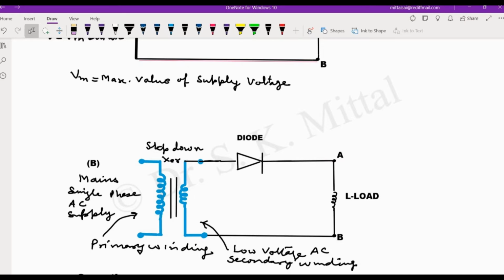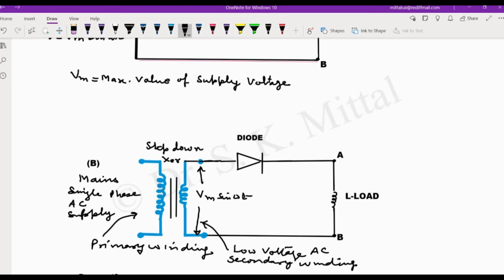Therefore, here we will represent this supply voltage Vm sin omega t at the secondary because here secondary winding is connected directly to the rectifier. Now this is the supply Vm sin omega t applied at the input of the diode rectifier, and between terminals A and B, pure inductive load is connected.